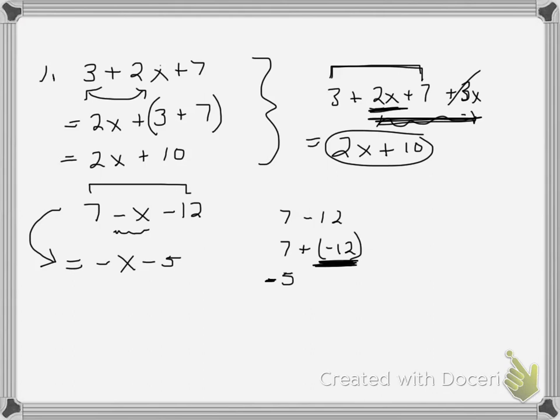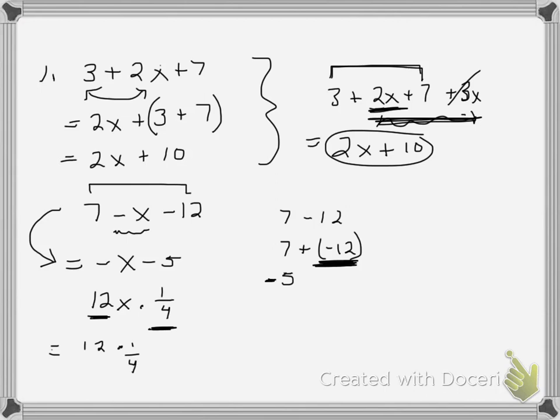Let's look at another one, 12x times 1/4. Because of the commutative property, I could combine this is the constant part and this is the constant part. So I could write these next to each other. 12 times 1/4.